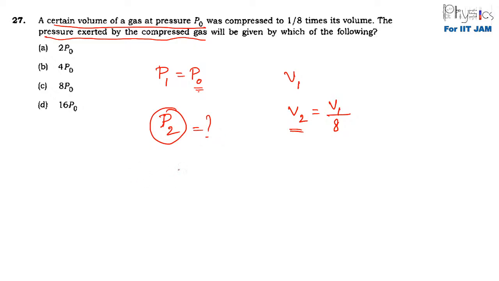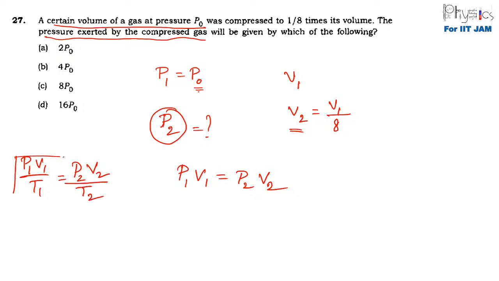Now I hope all of you remember this formula, P1 V1 equal P2 V2. What was our formula? P1 V1 by T1 equal P2 V2 by T2, the combined formula for calculating pressure or volume or temperature. Here temperature is not needed since no change of temperature is introduced. So we need to calculate P2.